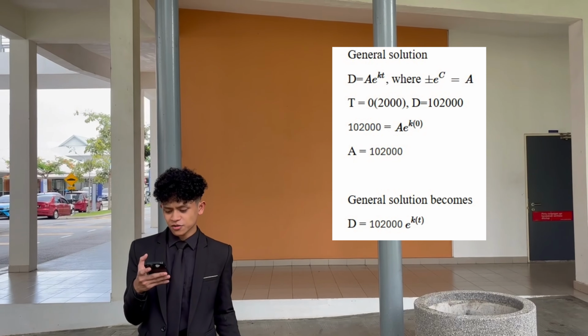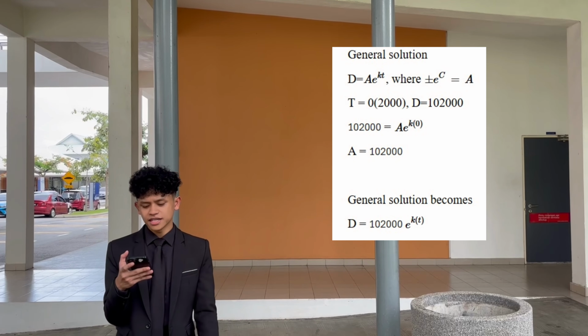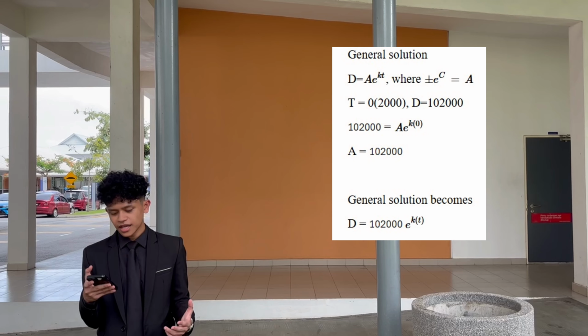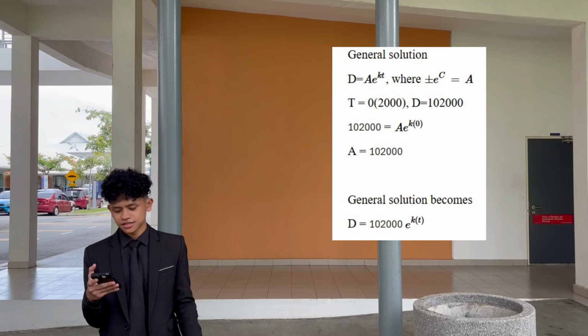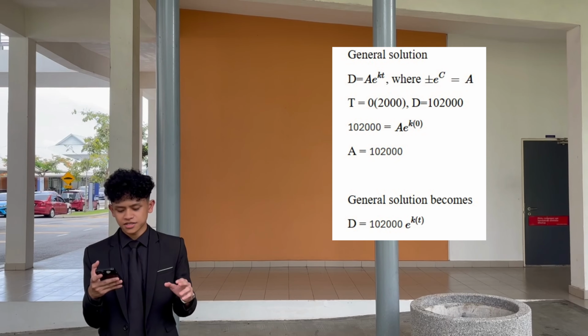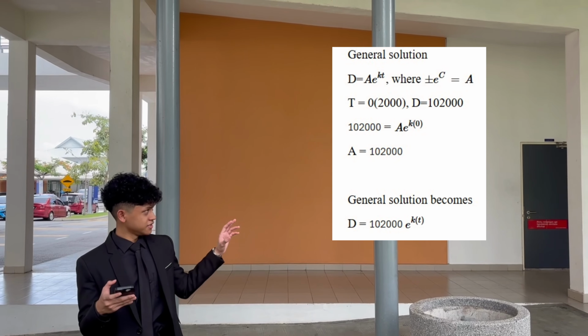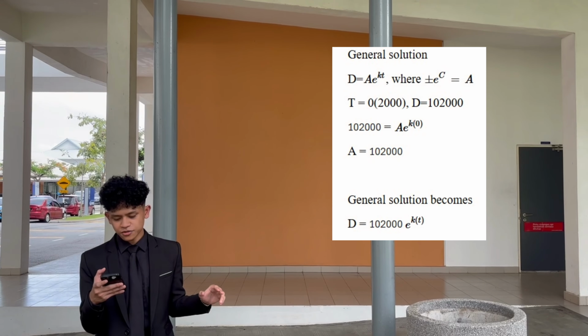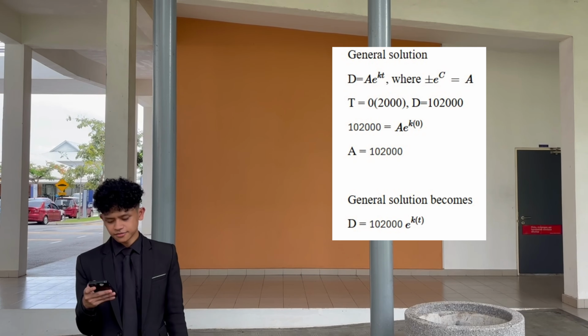To find the particular solution, we use the initial condition at year 2000, where t is equal to 0 and D is 102,000. This gives us A is equal to 102,000. So, the general solution becomes D(t) is equal to 102,000 e to the power of kt.